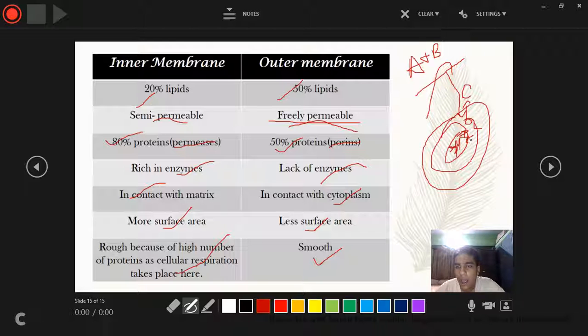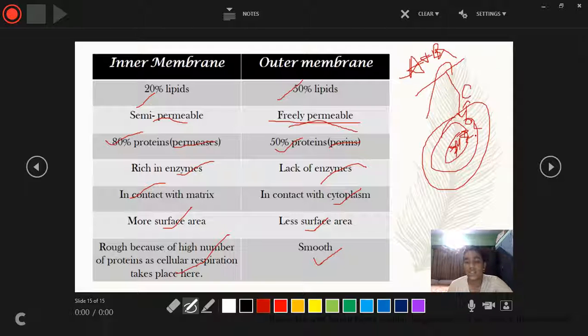But the inner membrane says I will only take A and I will not take B. B has entered through the outer membrane, but the inner membrane is not giving the passport, not applying the visa, saying you cannot enter our country. So what will B do?